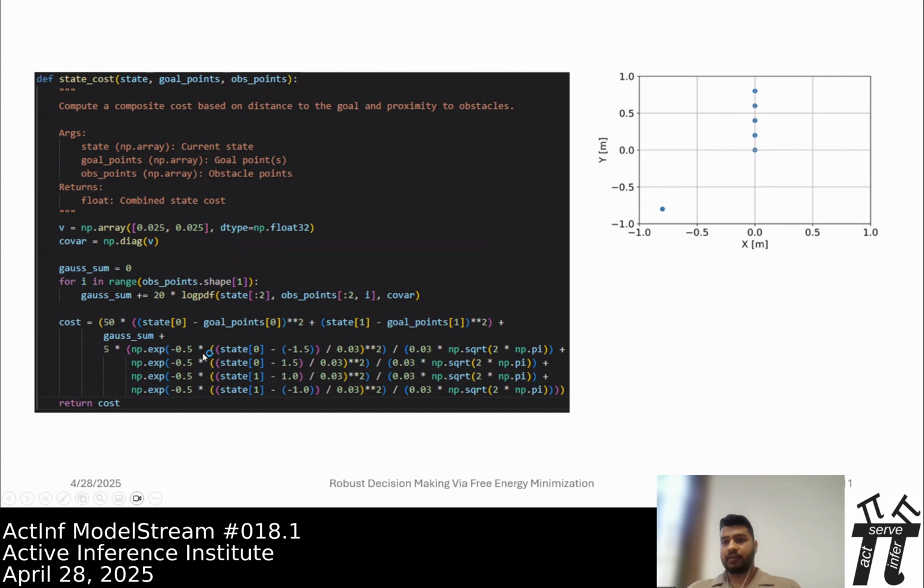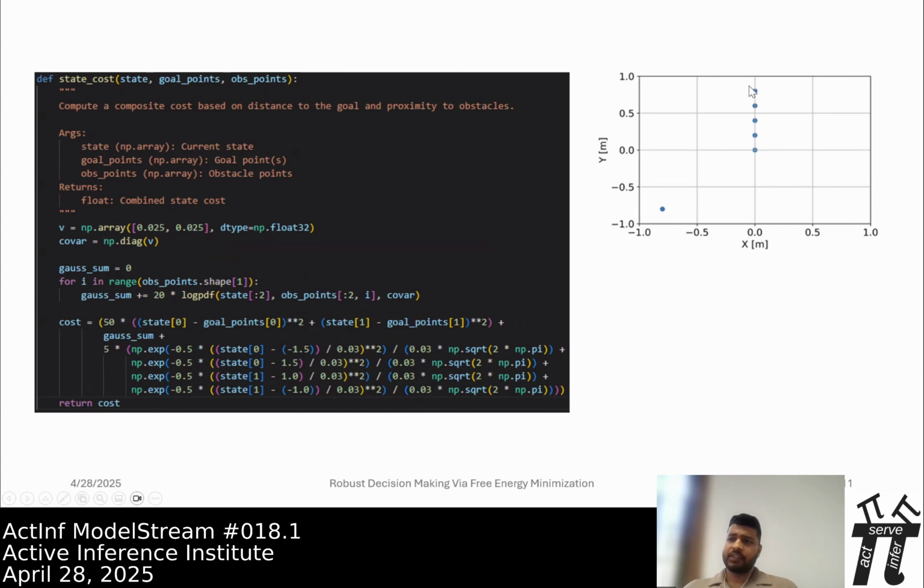And the third term, with a coefficient 5 here, is for the walls. We don't want our robot to go outside the work area, outside this rectangle. So basically, it's like a control barrier function. When it's near the wall, this term has a very sharp rise, and the cost is very high.